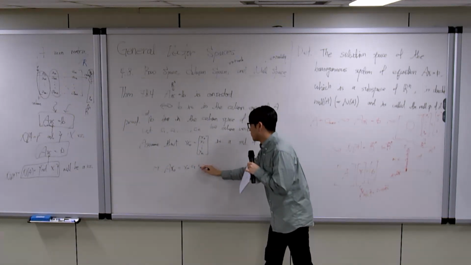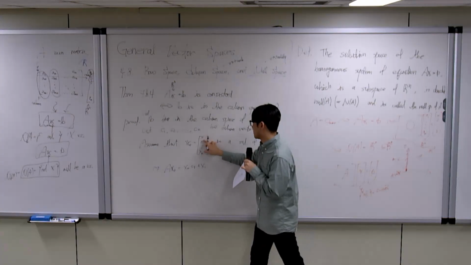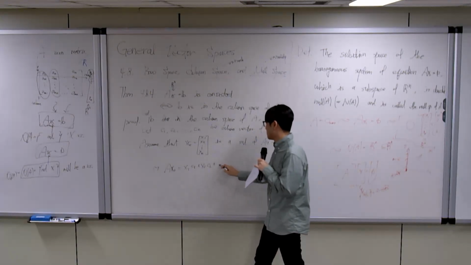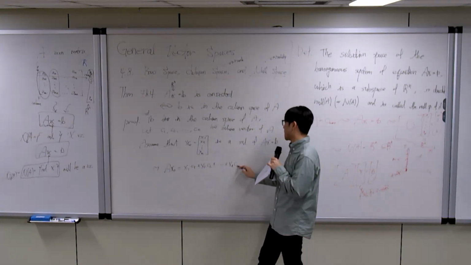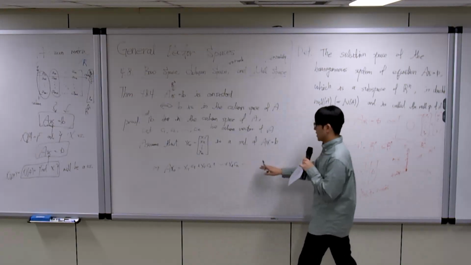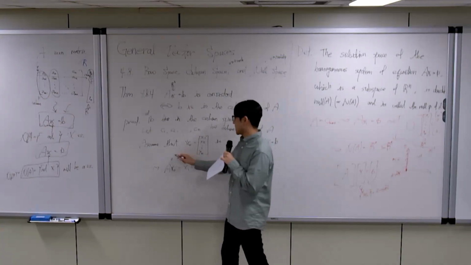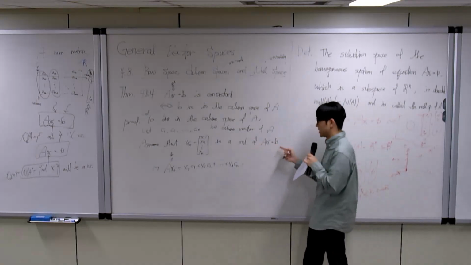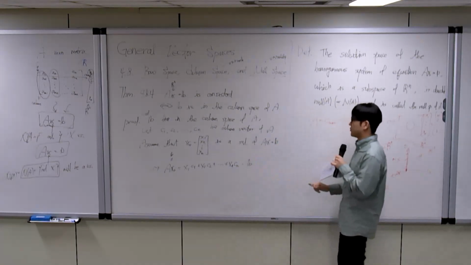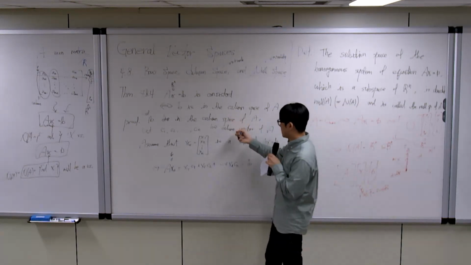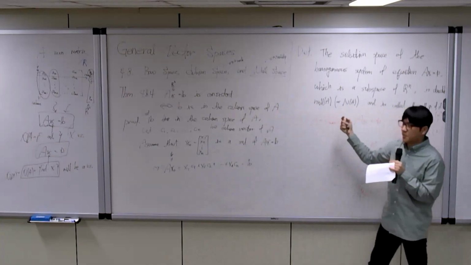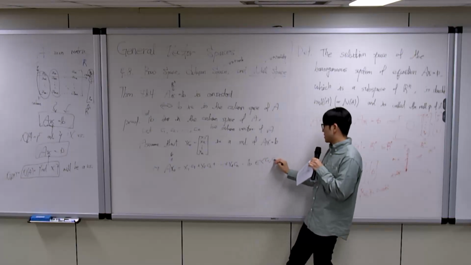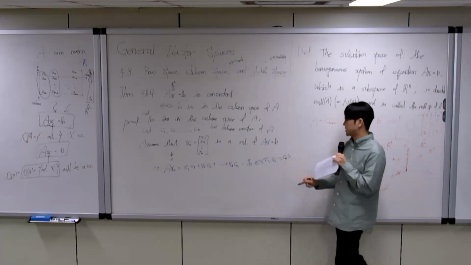So it is x1C1 + x2C2 + ... + xnCn. We said x0 was a solution of this equation, so it is equal to b, and so b is in the column space of A, because it can be written as a linear combination of C1 to Cn.